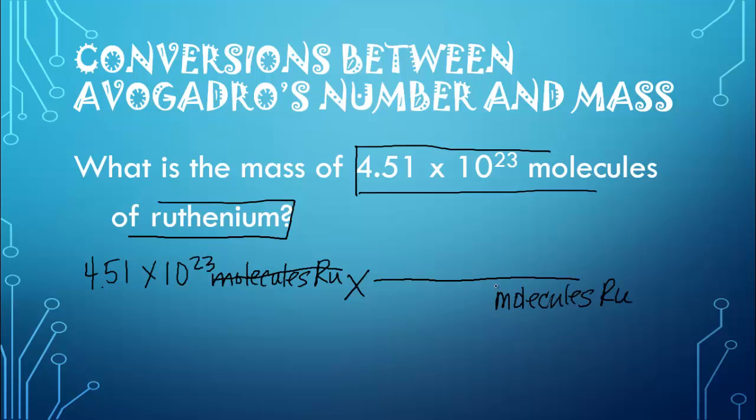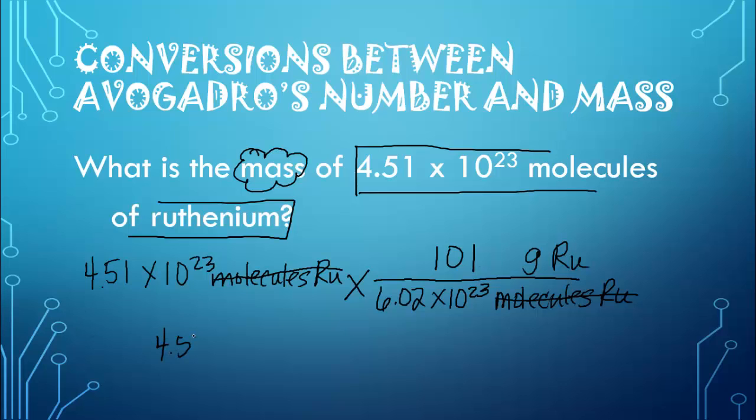And we're going to put on top what we are looking for, which is mass. So grams of ruthenium. Molecules cancels, but we need some numbers. So in front of molecules, 6.02 times 10 to the 23rd. In front of grams, we look up ruthenium, and that is 101 grams, and then we do the math.